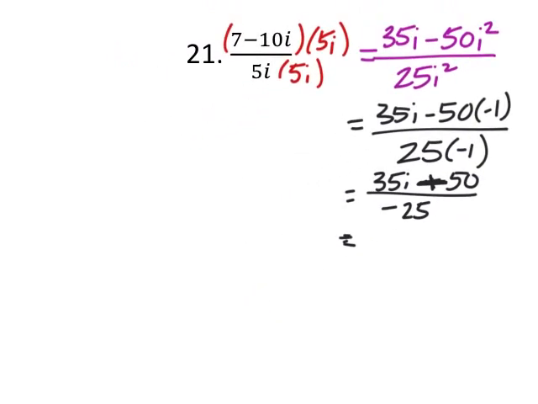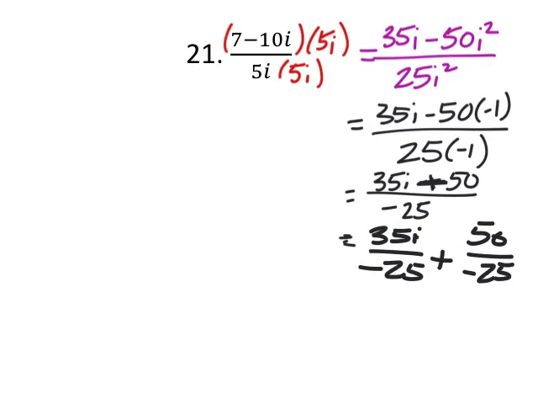Just going to give ourselves some more space. Splitting this fraction up would have 35i over negative 25 plus 50 over negative 25. So this is going to split this up. We can simplify both of these fractions.